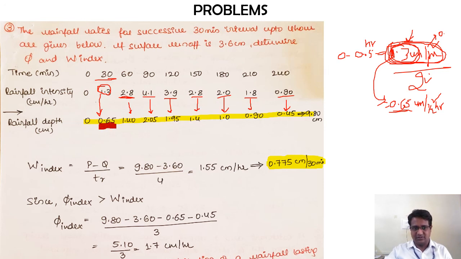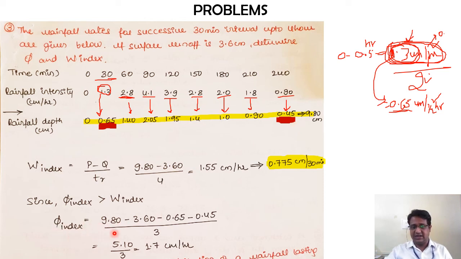So here there is no runoff generated. 1.4 is greater than 0.775, 2.05 is also greater, 1.95 is greater, 1.4 is greater, 1 is greater, 0.9 is greater, and the last one is 0.45. So the first 30 minutes and the last 30 minutes are not generating any runoff. That's why the first 30 minutes and the last 30 minutes will not be used for the calculation of phi index.